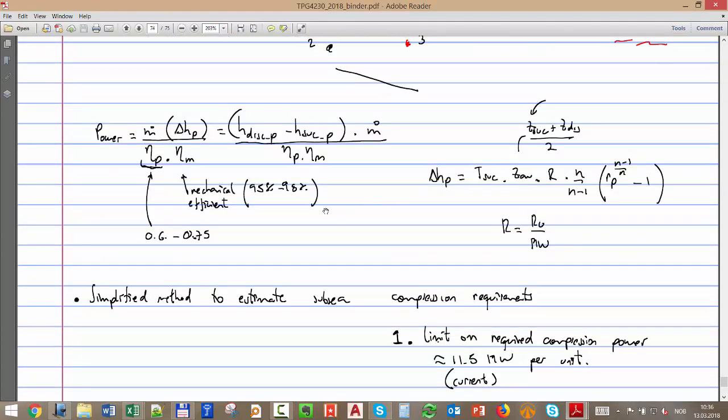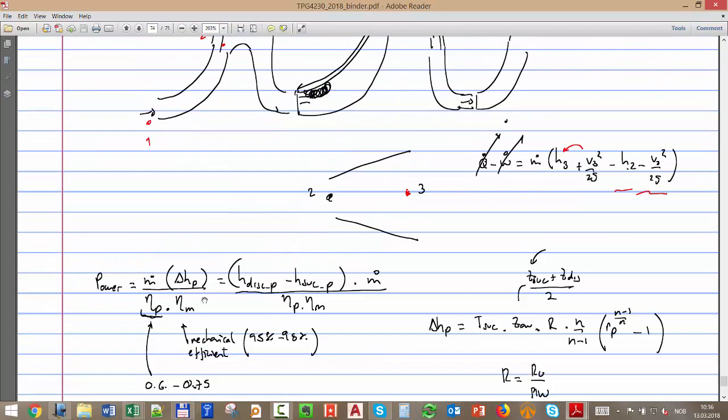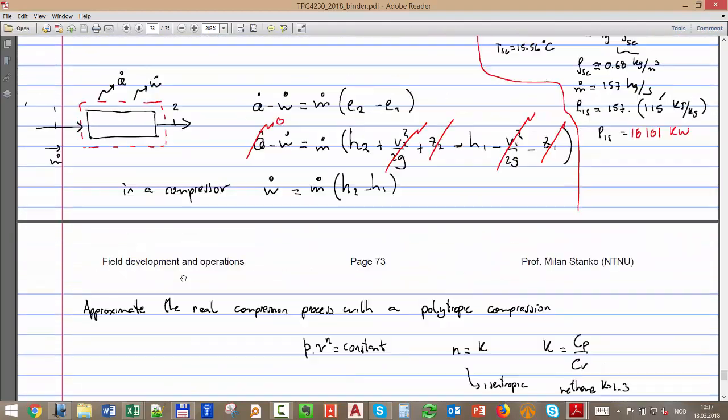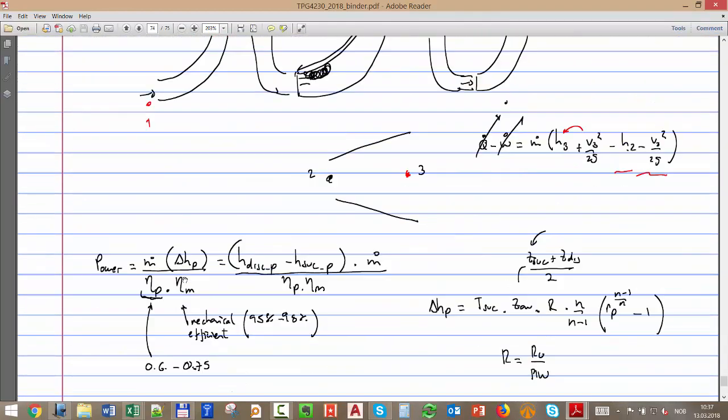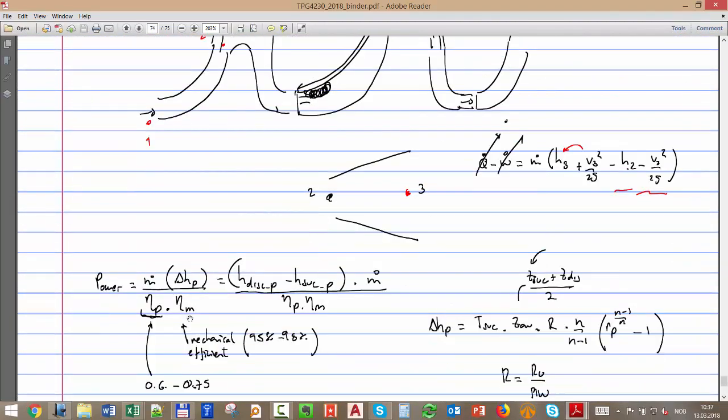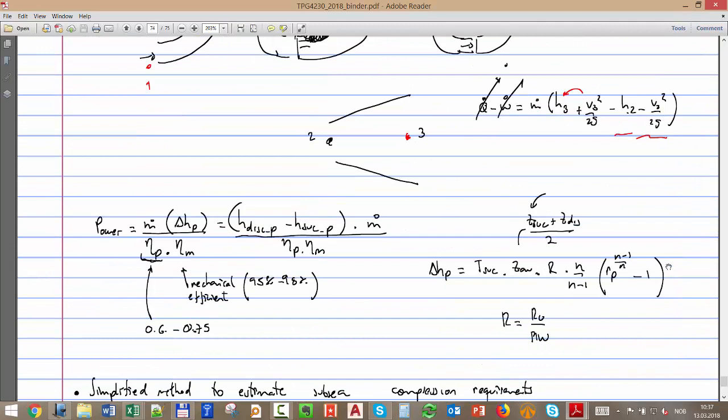For the power, I need this polytropic enthalpy difference, and I didn't give you that equation. Oh, it's here. So I need to use that. I have RP, I have the coefficient, I have R, I need the C average, inlet and outlet, and I have the T suction. So let's calculate the C average.